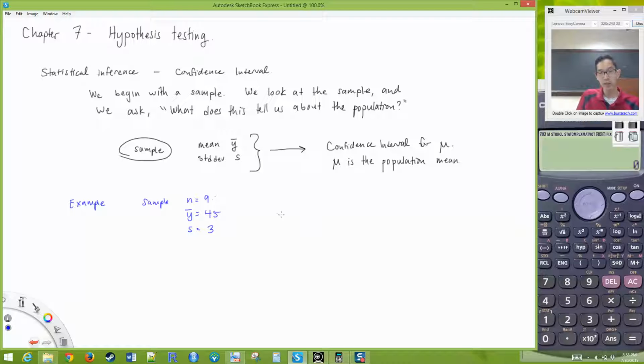And so when you make a confidence interval, you have y bar plus or minus t star times s over the square root of n. So in this case, I have 45 plus or minus t star times 3 over the square root of 9, which is 3. And so I look up, let's say I want to do a 95% confidence interval.